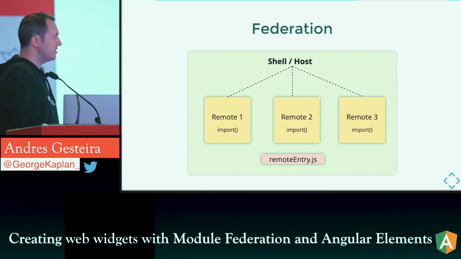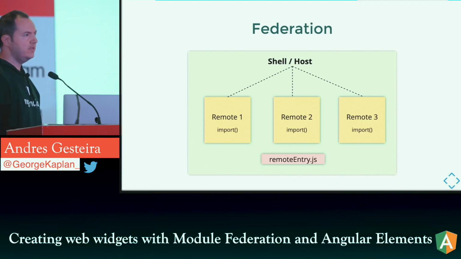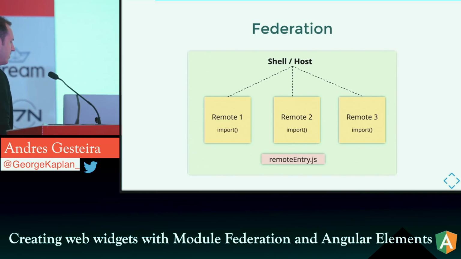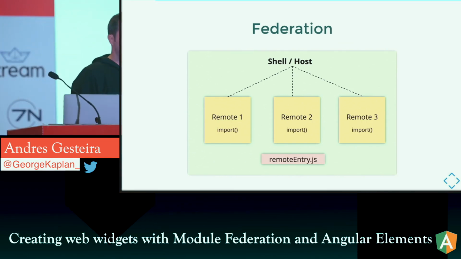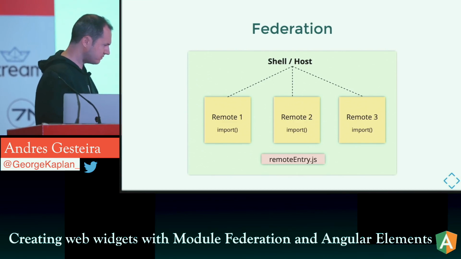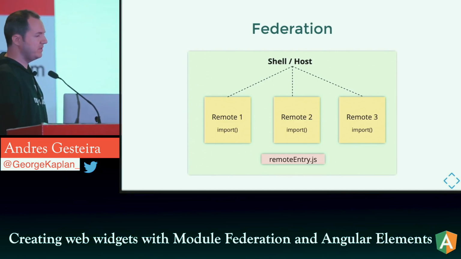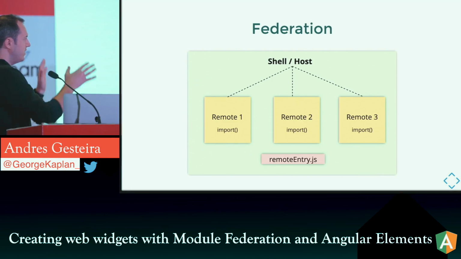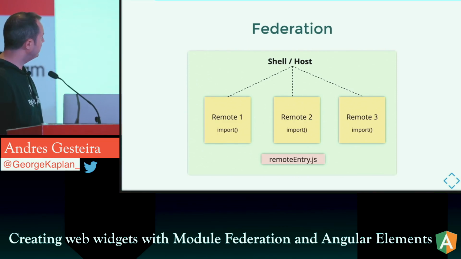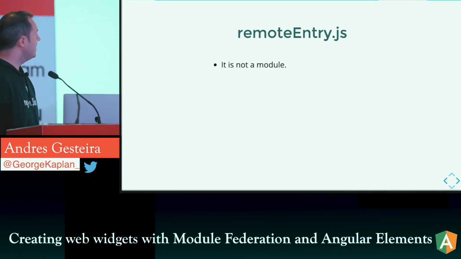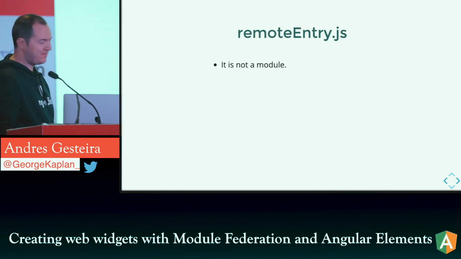And then there is one more agent, let's say, in this infrastructure called the remoteEntry.js. It's called like that by default, but you can use Webpack configuration to name this file differently. However, by convention, we call it remoteEntry.js, which is not a module, okay? It's a manifest.